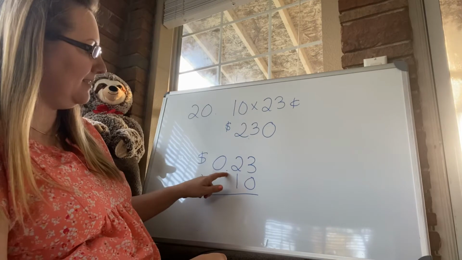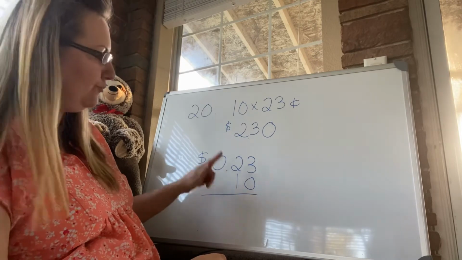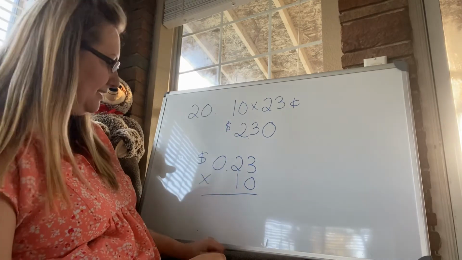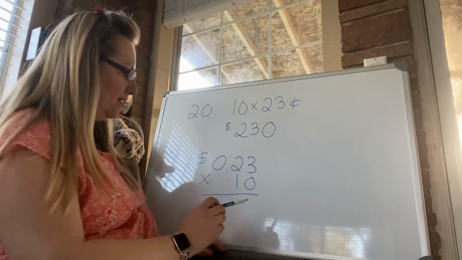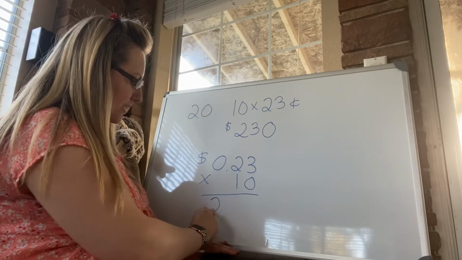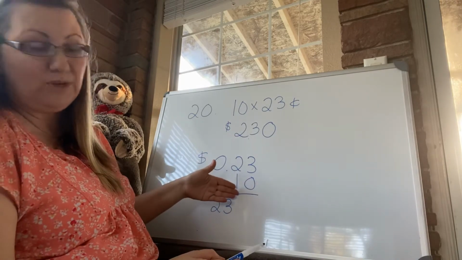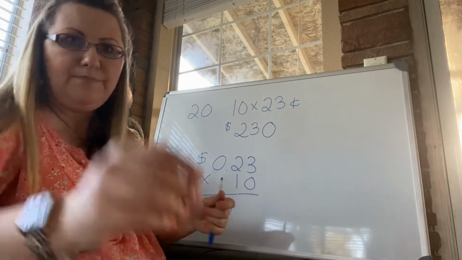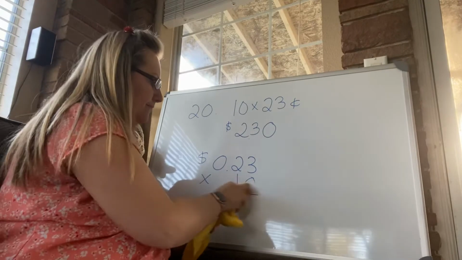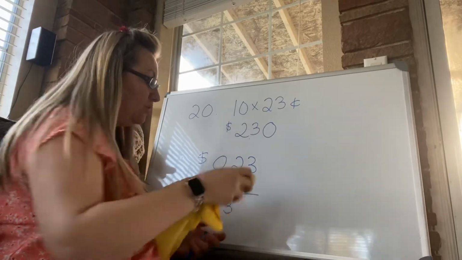And now we can see that there are two numbers behind the decimal place. It's a multiple of 10.